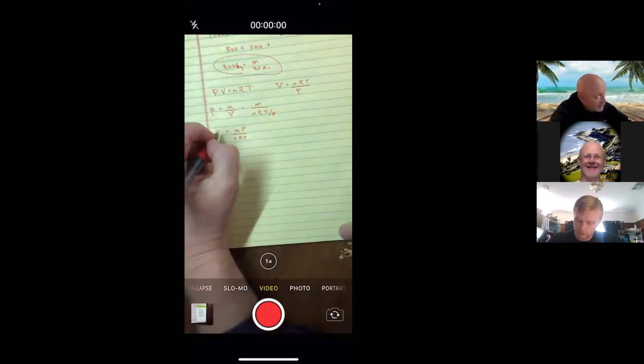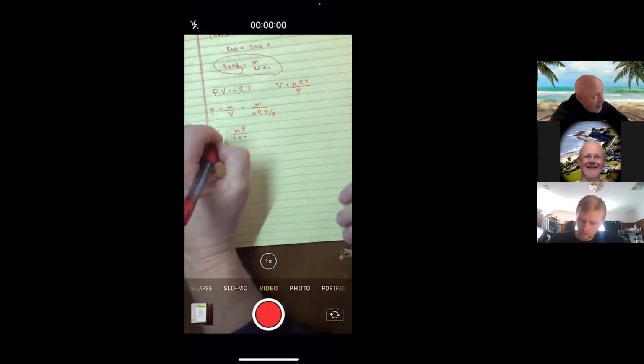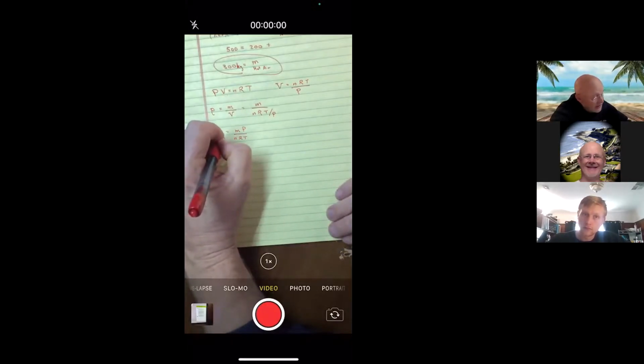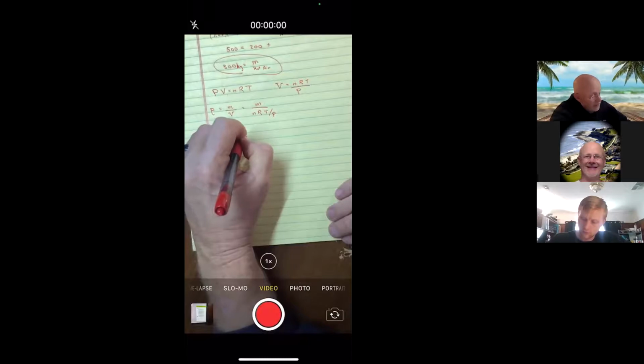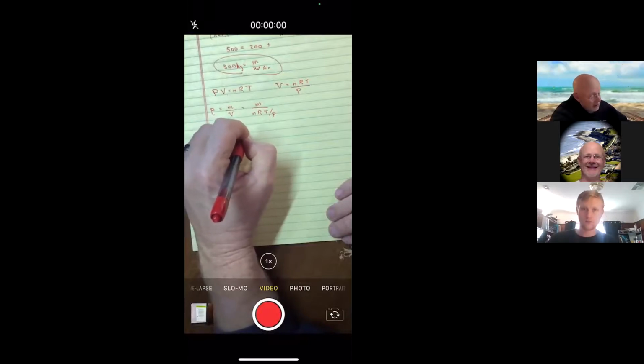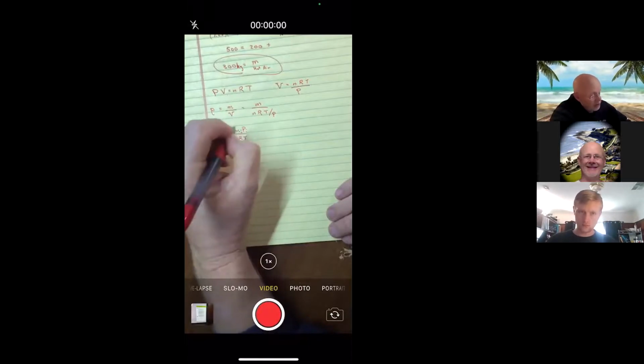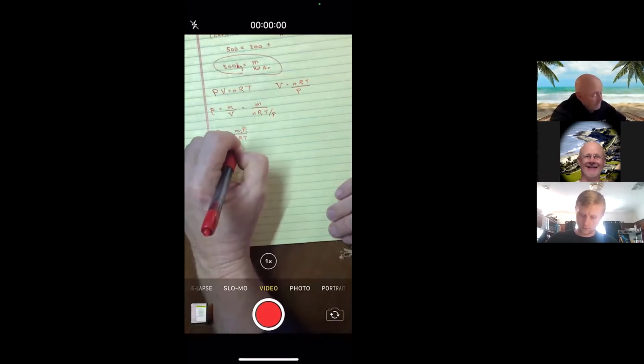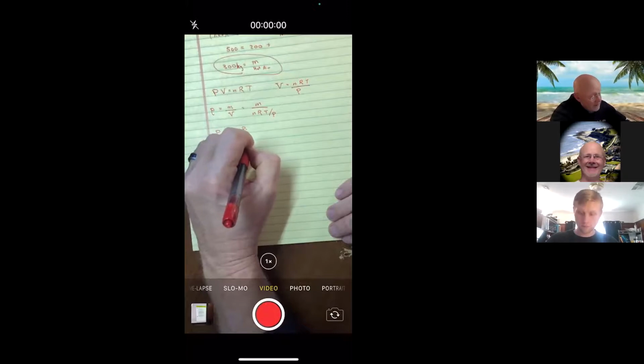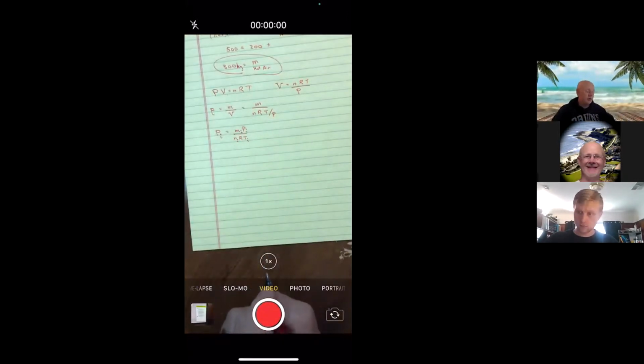If I call this initial, so initial density, I know. Initial mass, I know. Initial pressure, I know. Initial number of molecules, I guess I can figure out, and initial temperature.